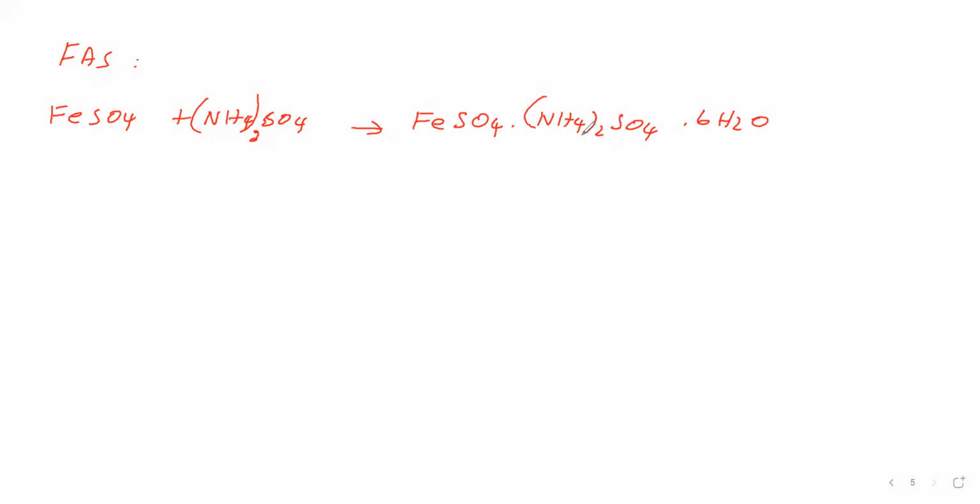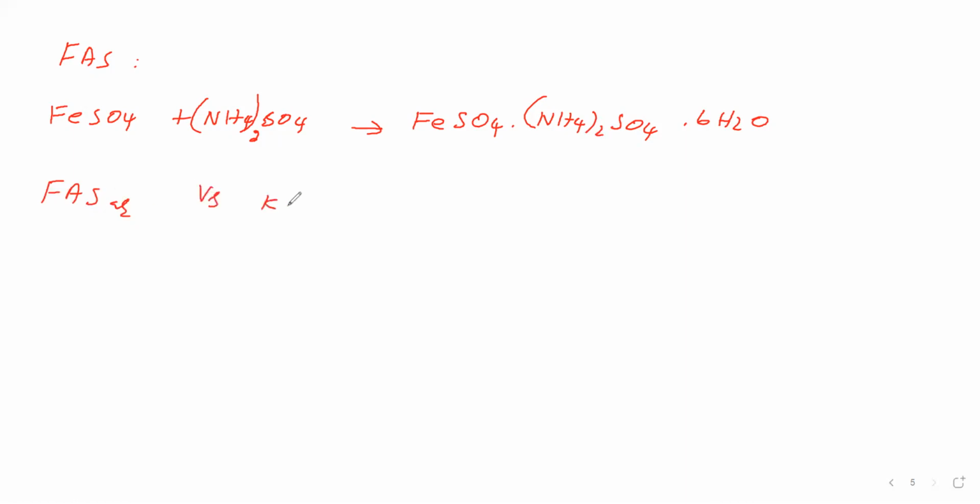Of these FAS crystals, we take the required quantity and add the required amount of water to prepare the solution. This is called FAS solution. This FAS solution will be titrated against potassium permanganate. The FAS solution is taken in the conical flask, and the potassium permanganate solution is in the burette.